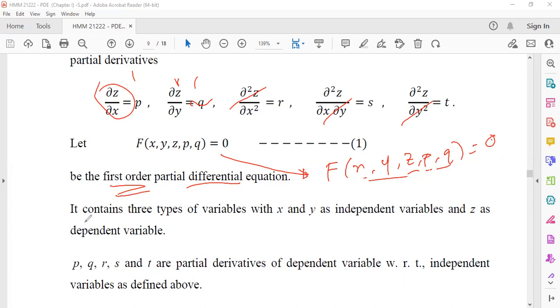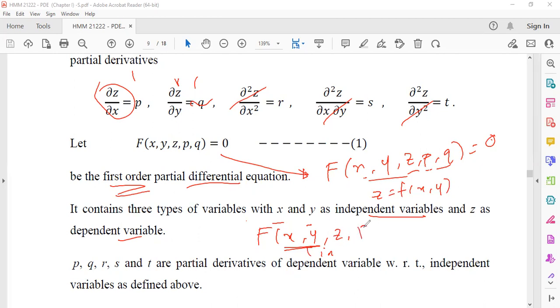And it contains 3 types of variables. What are the variables? x and y as independent variables and z as the dependent variable. In this equation, x and y are the only independent variables. z is equal to a function of x comma y, so that is the dependent variable.